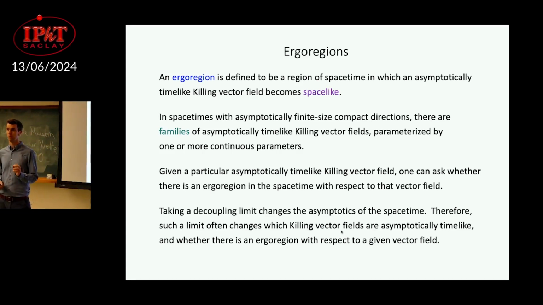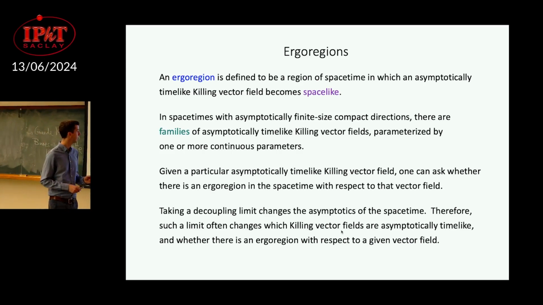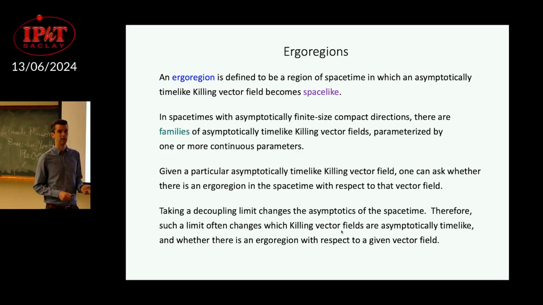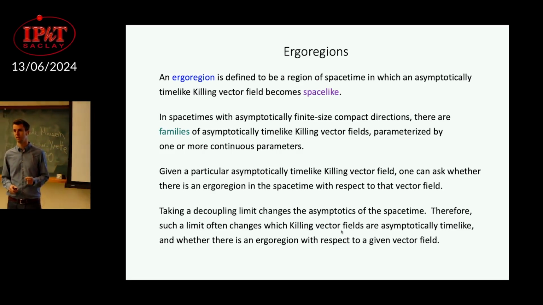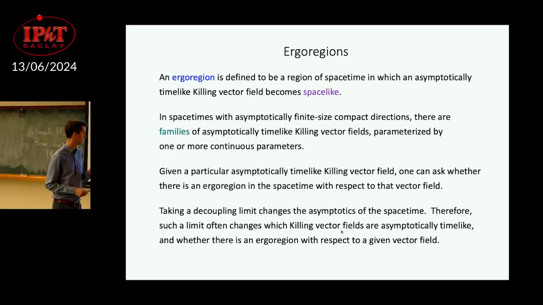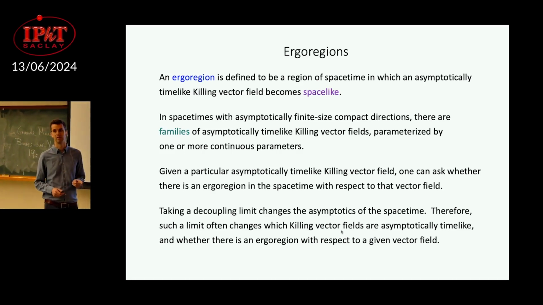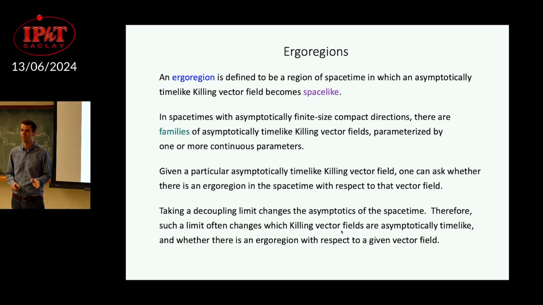Moreover, since I'm interested in taking decoupling limits, which change the asymptotics of the space-time, they can change the property of, firstly, whether a Killing vector field is asymptotically time-like or even normalizable. And it can also, in principle, change the statement of whether there is an ergo region with respect to that given vector field.